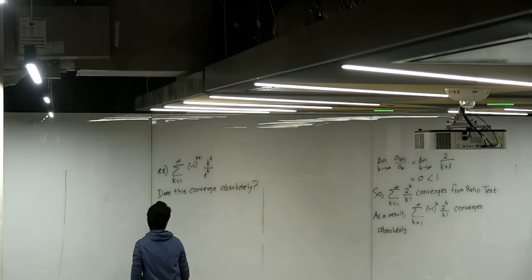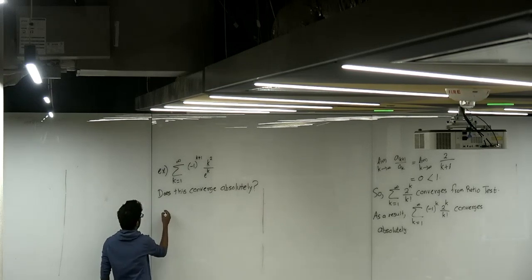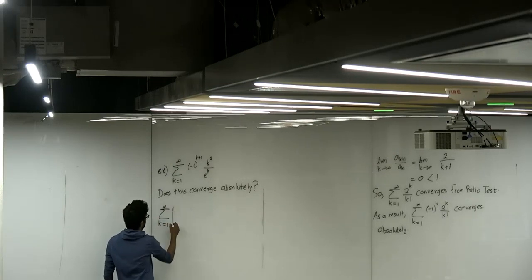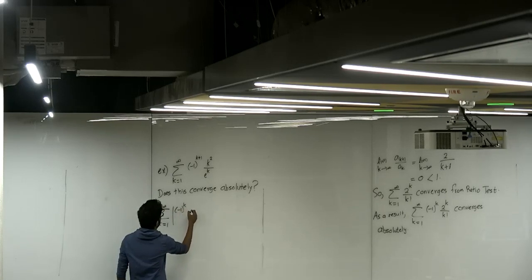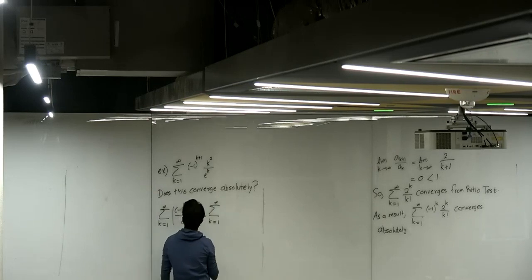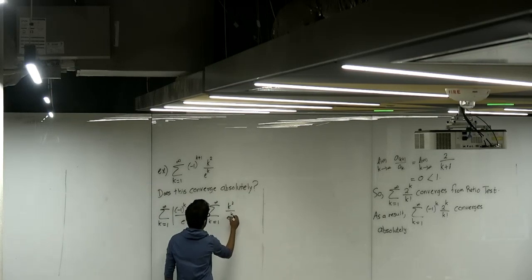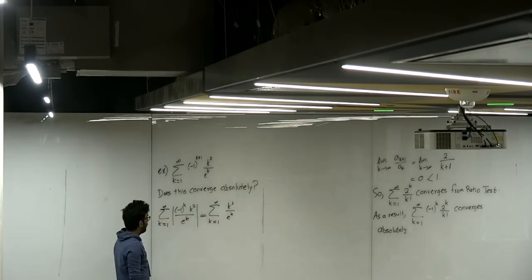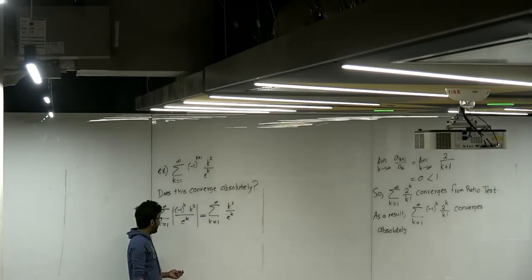Consider the absolute values. When you are considering the absolute value, there would not be any effect from this (negative 1) to the power k, right?